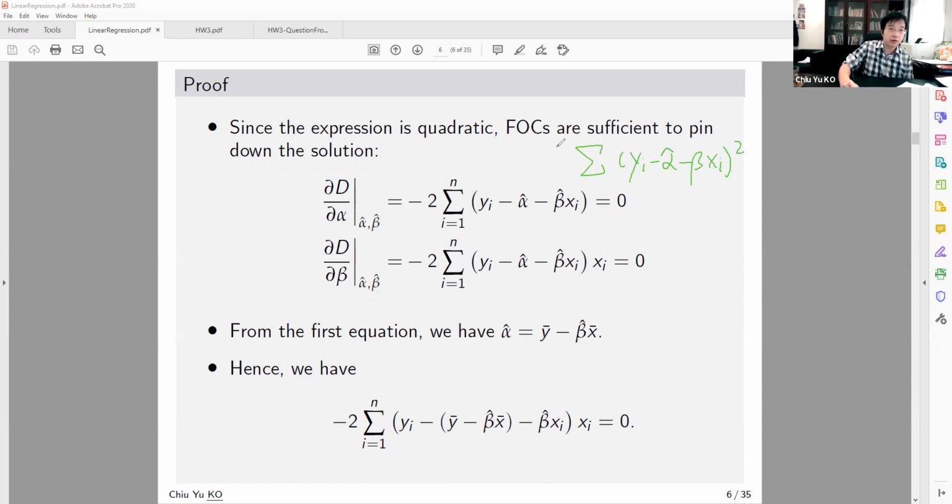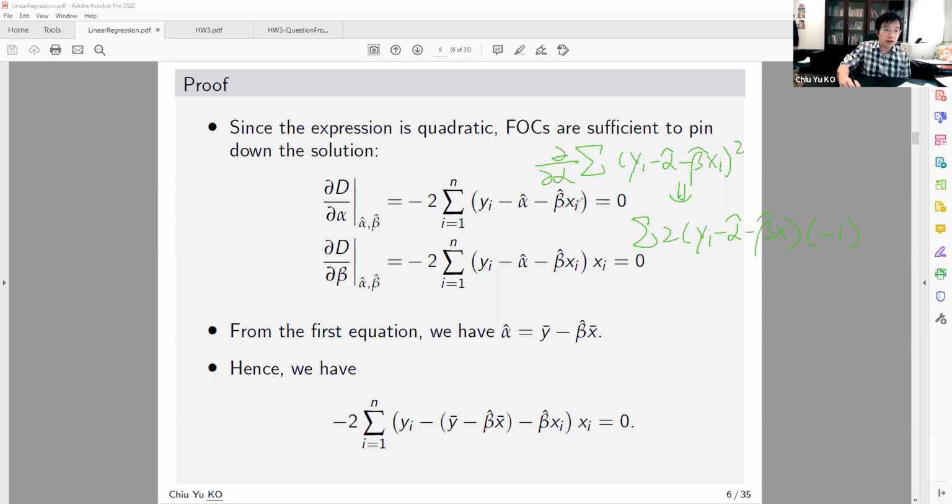We do the chain rule. The summation doesn't change. You differentiate this with 2 times yi minus alpha minus beta xi, and then you differentiate with respect to alpha, which gives minus 1. So there will be a 2 here. That's why you have this.